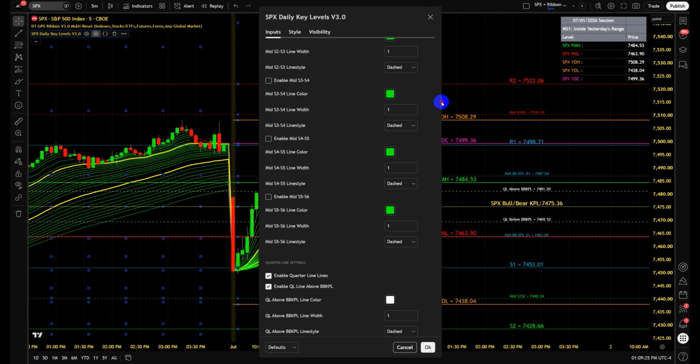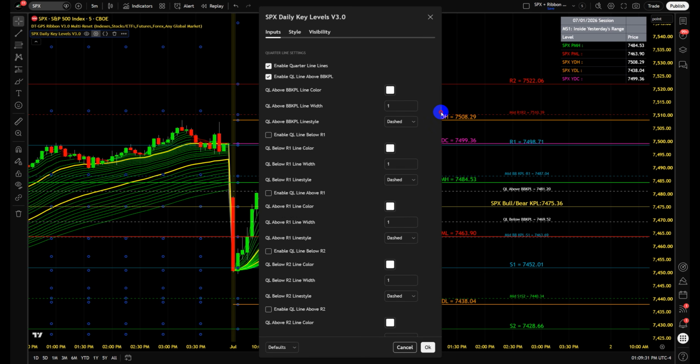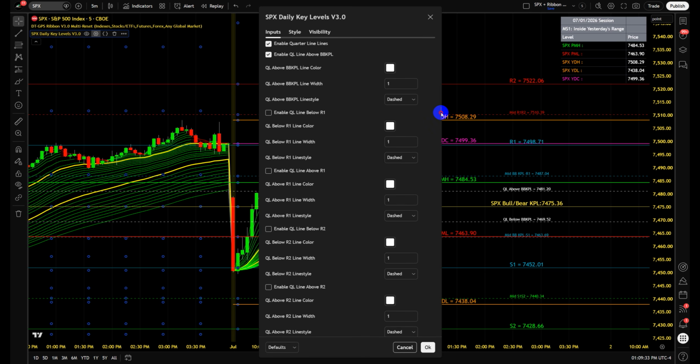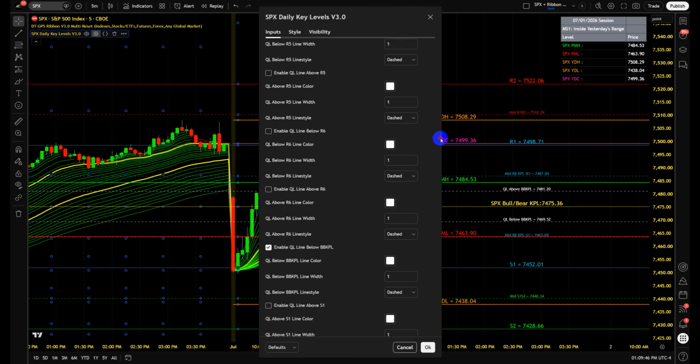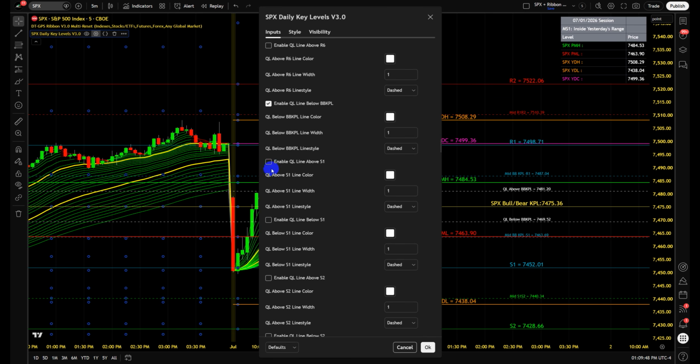You can turn them on to begin with before the session, and you can save them as a default if you prefer that. We just have a minimal amount of them that turn on as far as the QL levels and midpoint levels as far as the default display. However, you can change the default display to your liking and then save it.